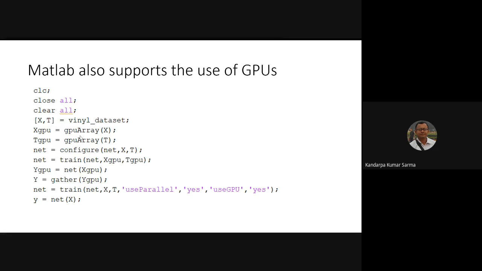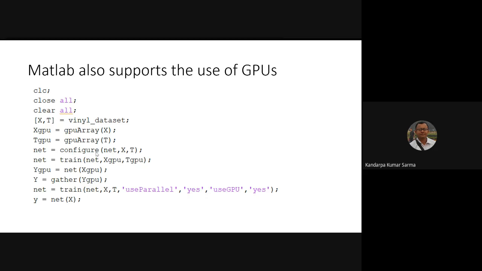So again, here you are defining a GPU array that will be processed. That will be processing the target vector taken from the vinyl data set. This is the pattern created in the GPU. Same way, that is the target created in the GPU.